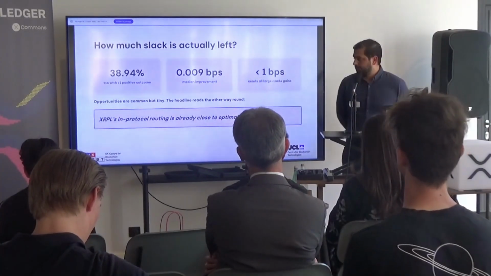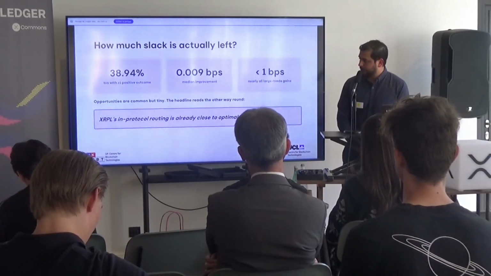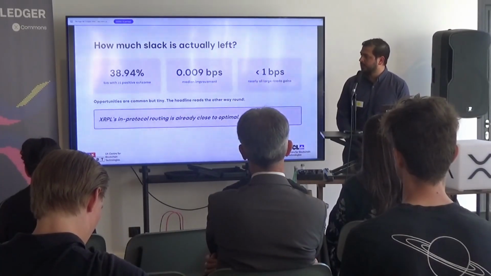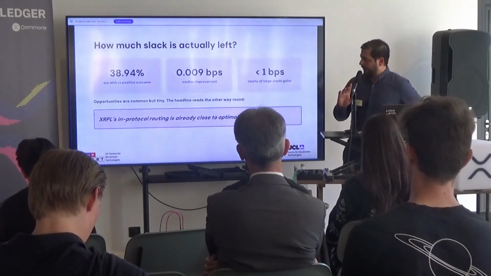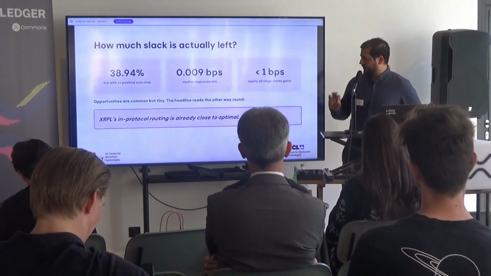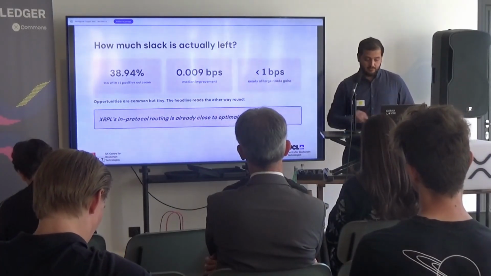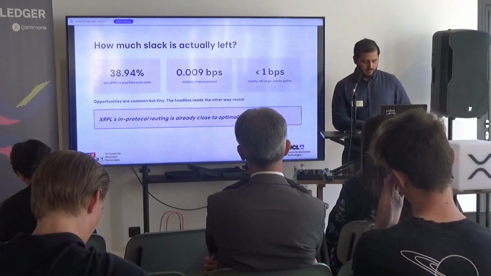Since it's an optimization problem, our finding is that we are able to improve 38.94% of the transactions. But when you look at what we actually end up improving, it is a considerably remote gain: 0.01 BPS. Sorry, 1 BPS, which is 0.01 percent.